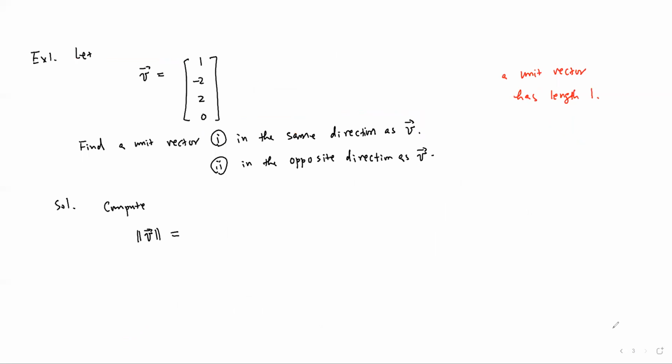It is a square root: first entry squared, plus second entry squared, and then third entry squared, up to the last entry squared. Then with the calculator, it is 1 plus 4 plus 4, square root.